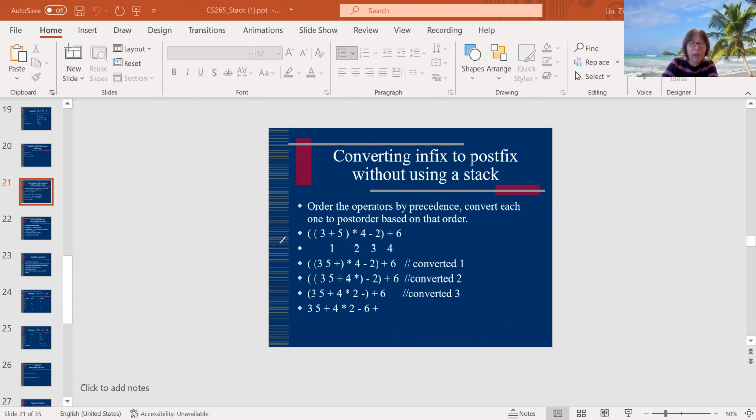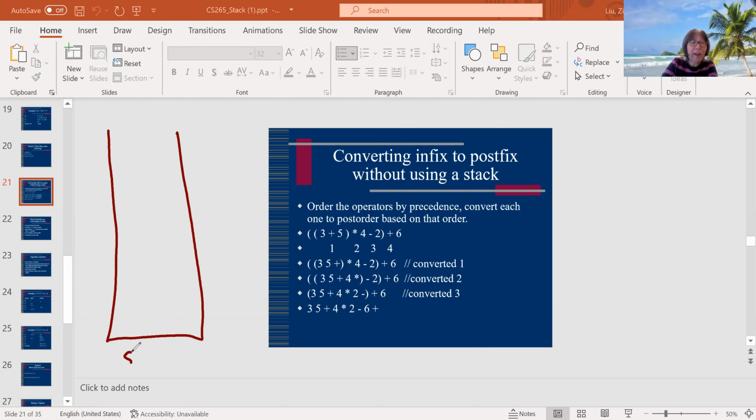So this time, we're also going to use a stack. But this stack is going to be an operator stack, not a number stack. And on this side, I'm going to put the postfix expression.